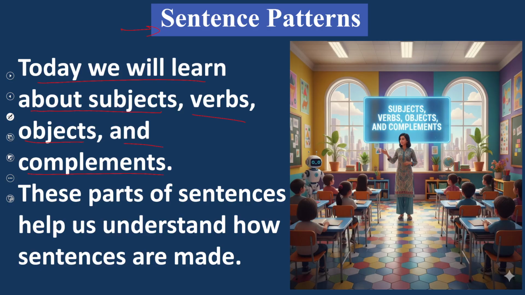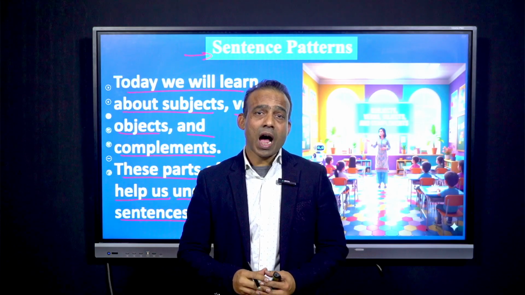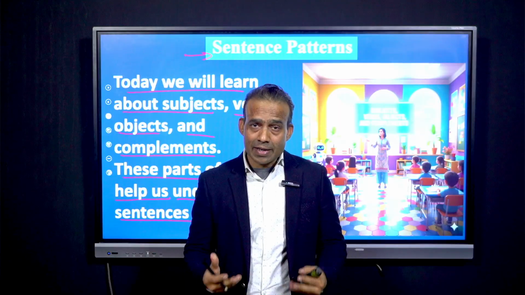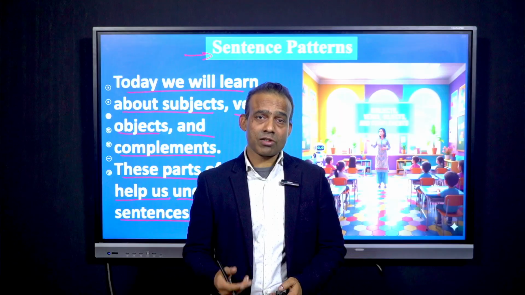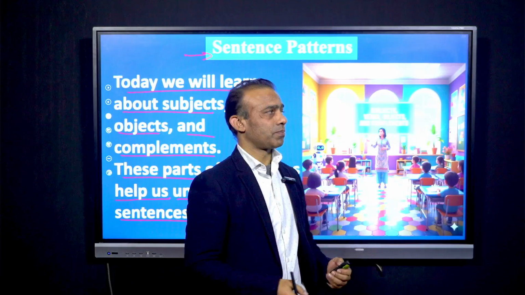Yes, these parts of sentences help us understand how sentences are made. So, dear learners, sentence patterns are for clear understanding of the sentences. Let's move and try to understand deeply.